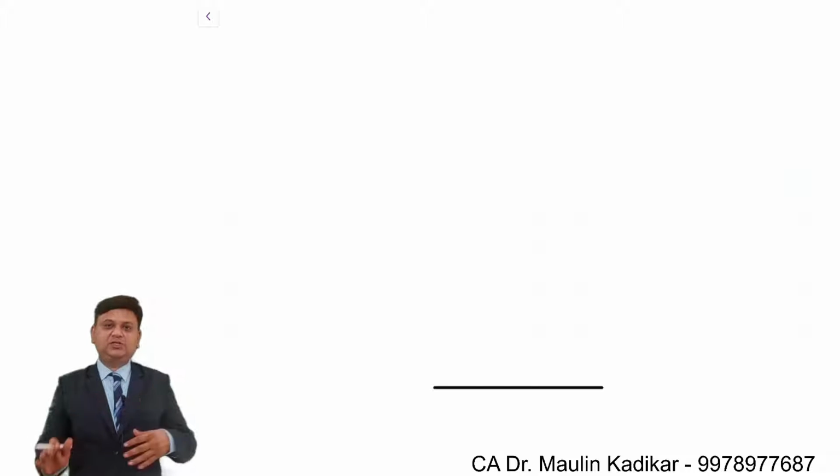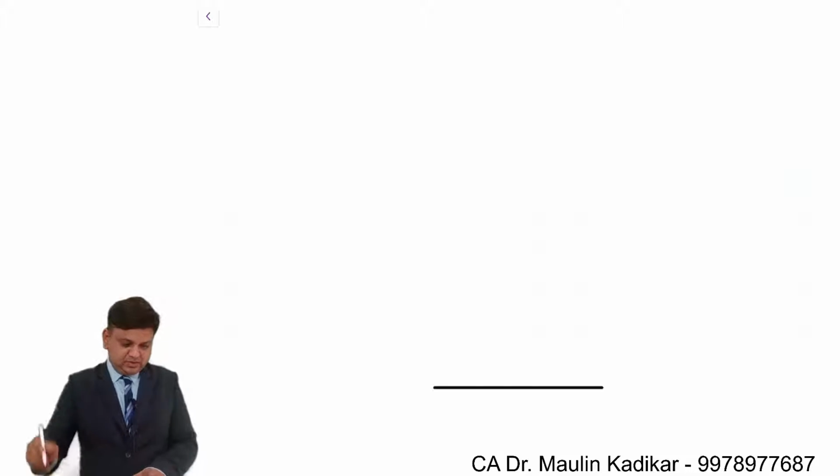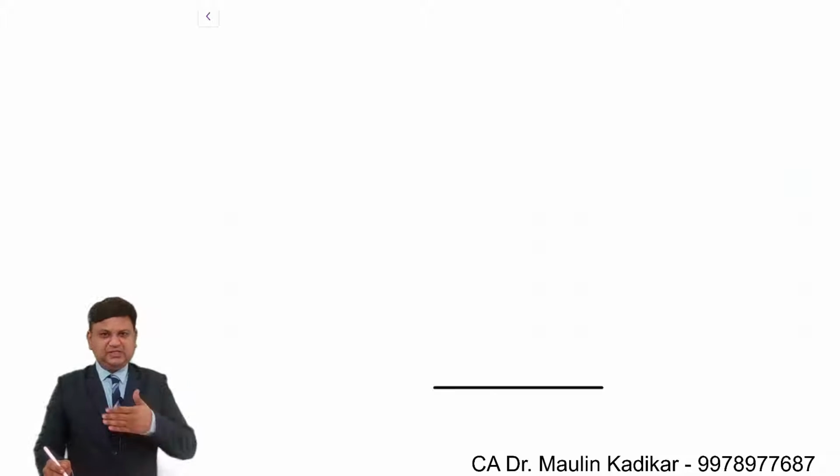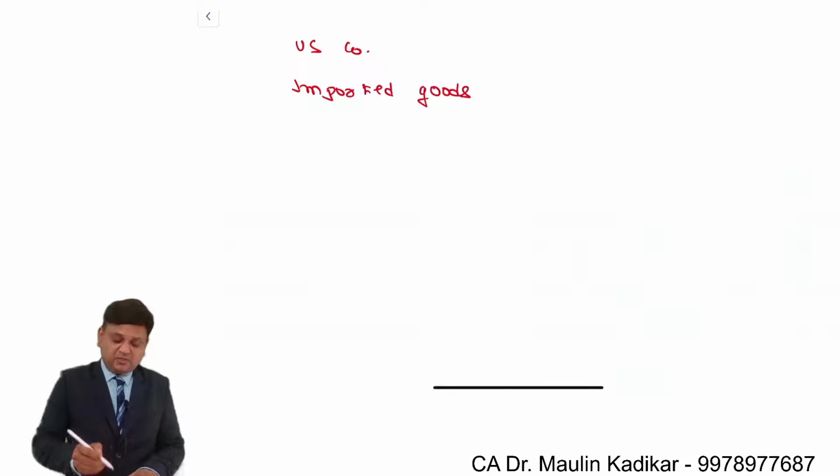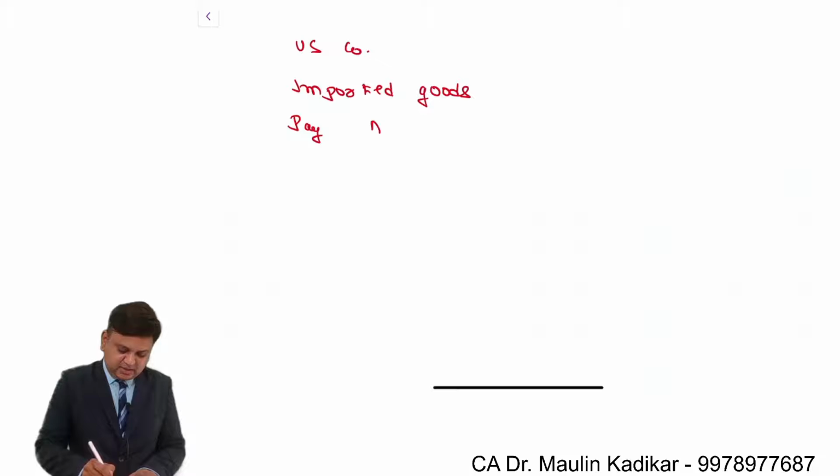Let us have a discussion of the answer to the question. First of all, the information provided to us: there is a US company which has imported goods and is required to make the payment of Dutch mark 1 lakh.